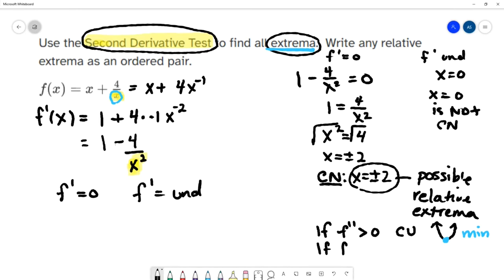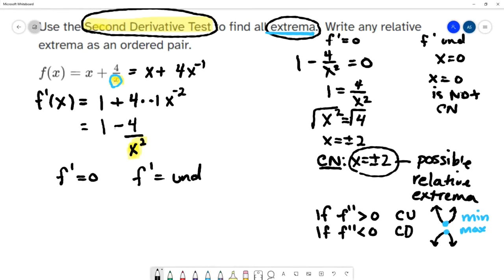And if our second derivative is negative, that means it's going to be concave down at that point. So combining concave down with a critical number means that we're going to have a max at that point, a relative max.